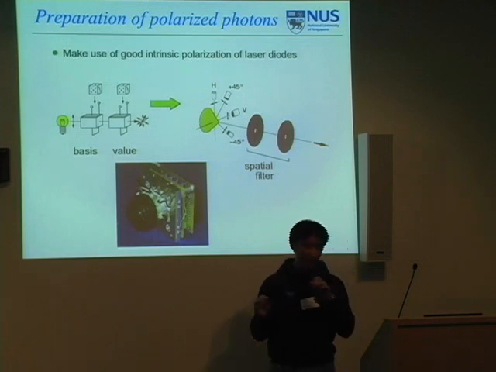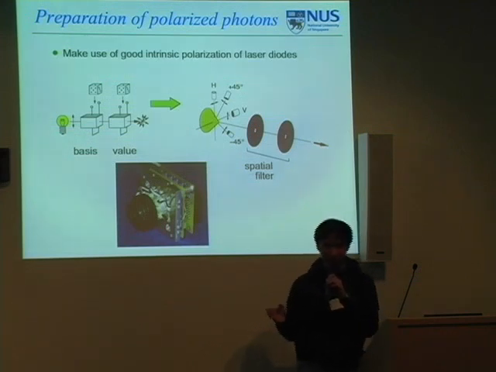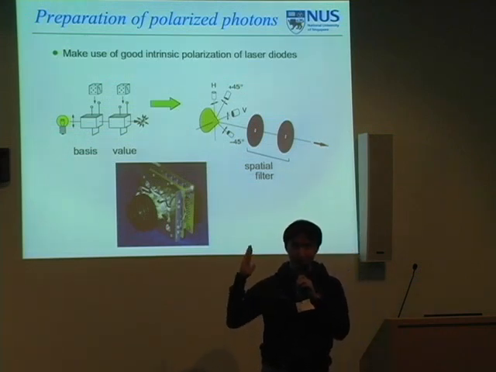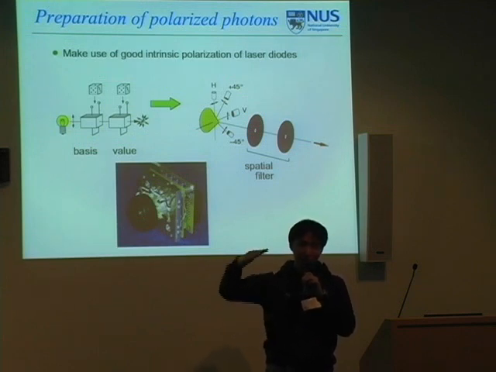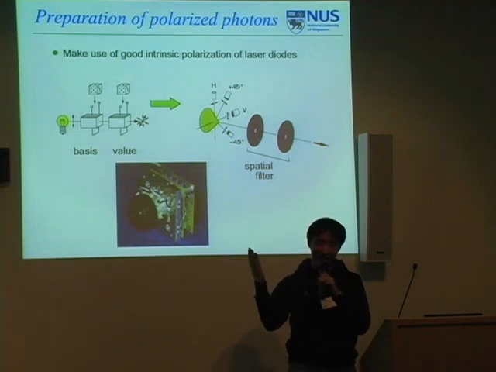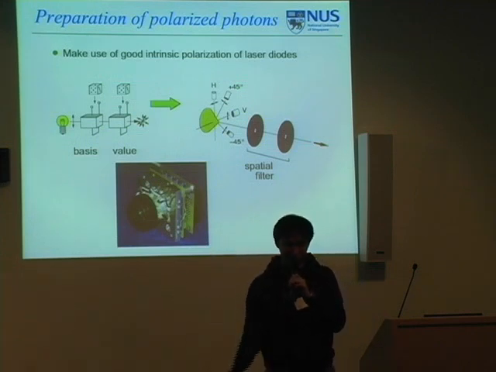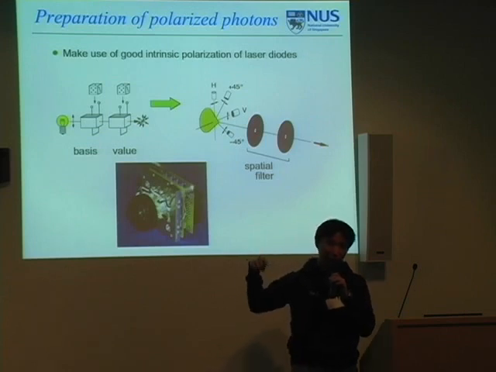Nowadays diode lasers are quite cheap and easily available. And the nice thing about diode lasers is that they come out with a very well-defined linear polarization state. So simply by rotating your diode, you can get the light coming out to be horizontal, then you physically rotate the diode, it becomes plus 45, then it becomes horizontal, and it becomes minus 45. So you can get all 4 polarization states just by rotating the diode.